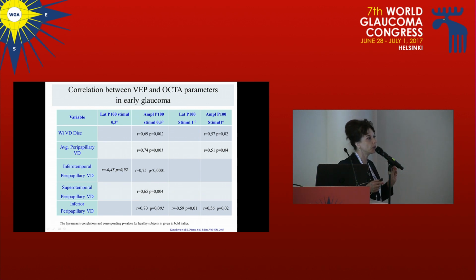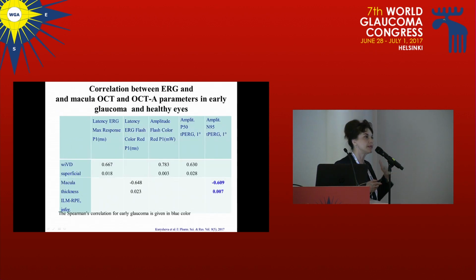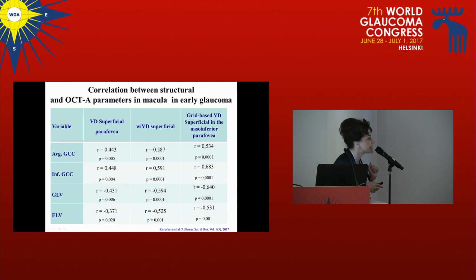But for the first time, we detected the correspondence between vessel density in the peripapillary retina and visual evoked potential parameters, as well as between the dropout of vessel density in the superficial macular area and the parameters of pattern ERG in healthy and early glaucoma eyes.